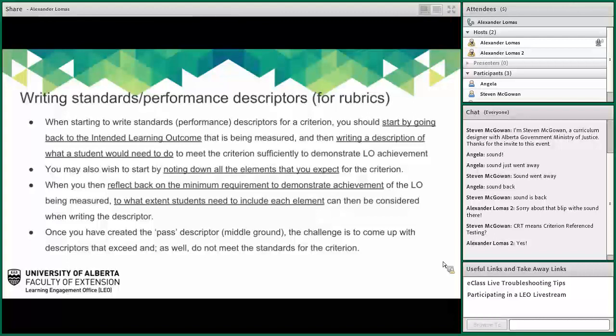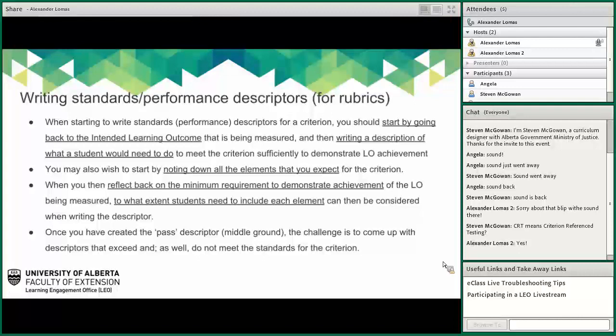So if your learning outcome says describe, then you may want to have a descriptor that actually goes into all of the ways, all of the levels of description that you might be looking for. If you're asking them to synthesize this information, then your descriptor might have levels of synthesization. That's not a word.